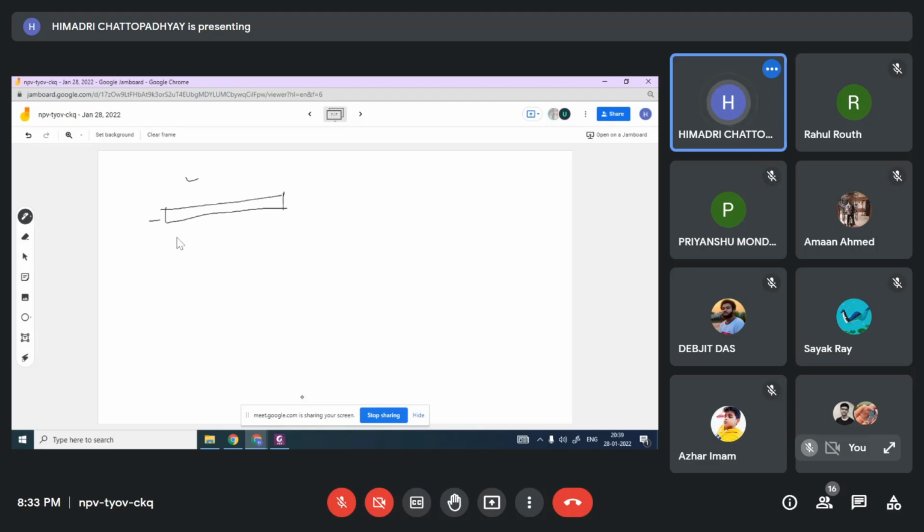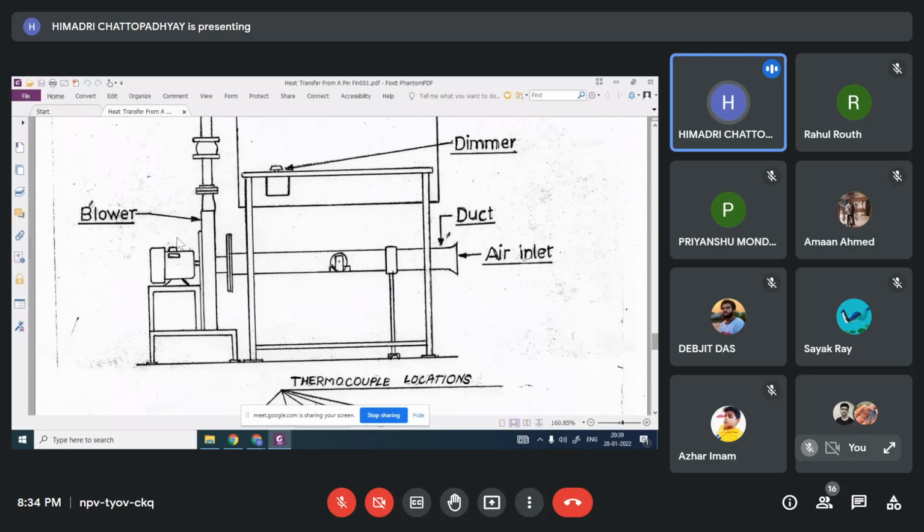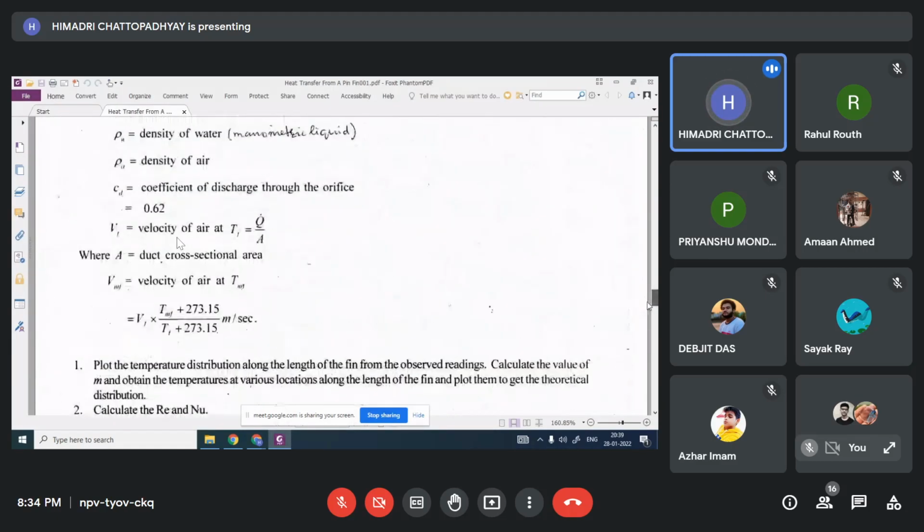So this side there is temperature 1, this side temperature 2. So you measure the temperature distribution 1, 2, 3, 4. So these are the measured values of temperature along the fin. So this is a fin and you measure the temperature T along X. Now you know a theoretical distribution also, given in the lab sheet or in your note.